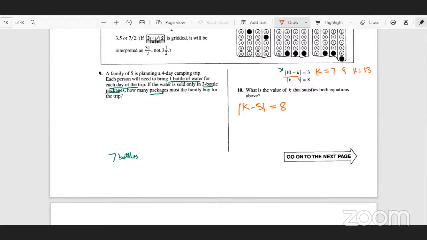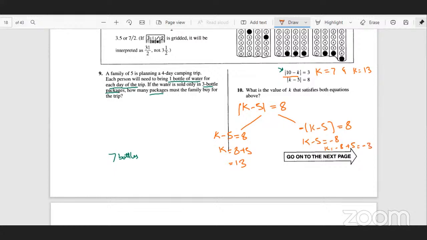I'm going to get k minus 5 equals 8 and minus of k minus 5 equals 8. So I am going to get k equals 8 plus 5, that is 13. And I'm going to get k minus 5 equals minus 8, and k equals minus 8 plus 5, that is minus 3.